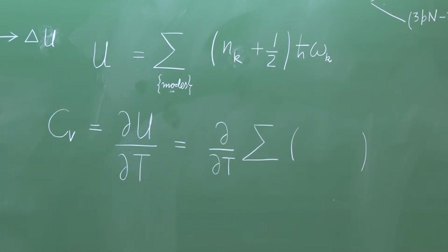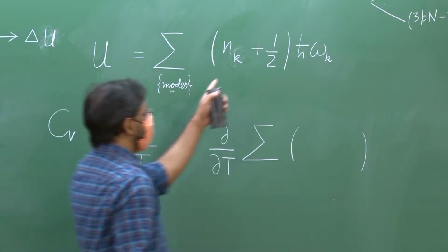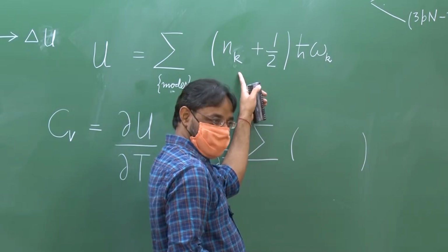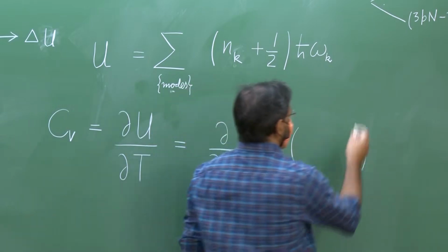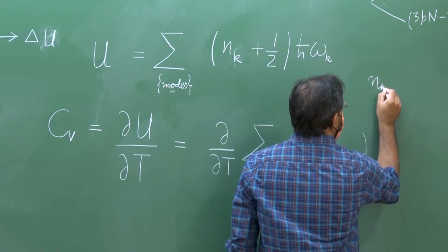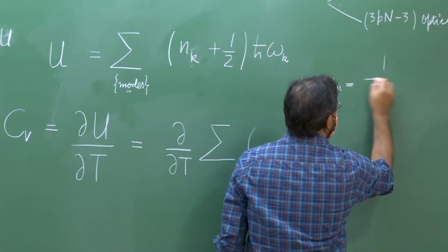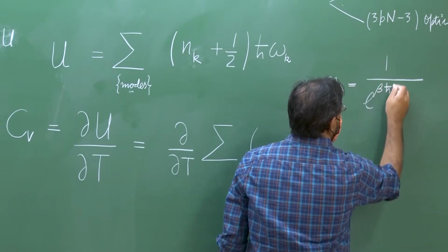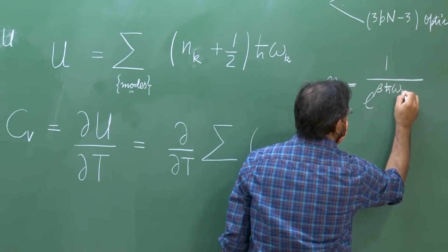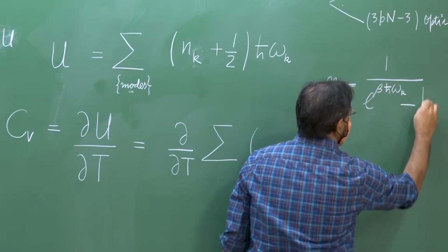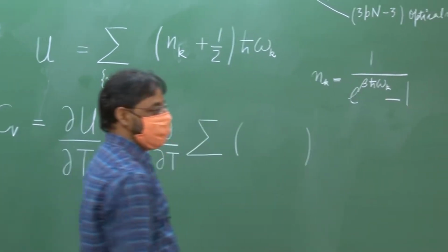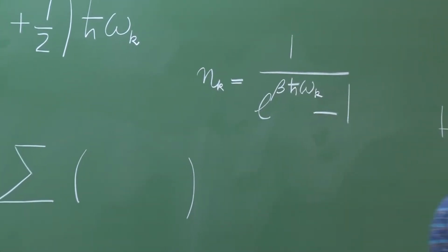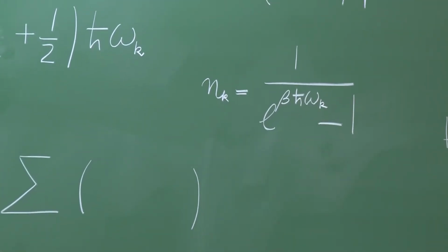Right. So, you know what is Nk? Nk is the distribution function, right. Nk is given by 1 over exponential beta h bar omega subscript k minus 1. This function decides which mode is excited to what level, right.